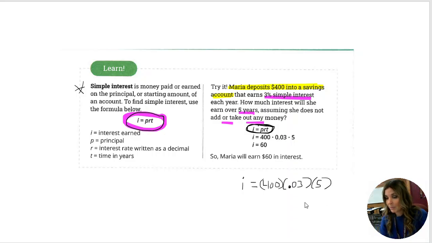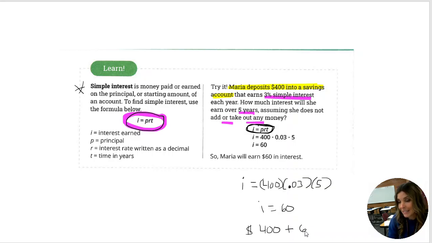And now we multiply all of those together, 400 times 0.03 times 5, and we get that the interest is $60. So if she puts $400 into a savings account and leaves it there for 5 years, the money is going to make an additional $60 in interest.